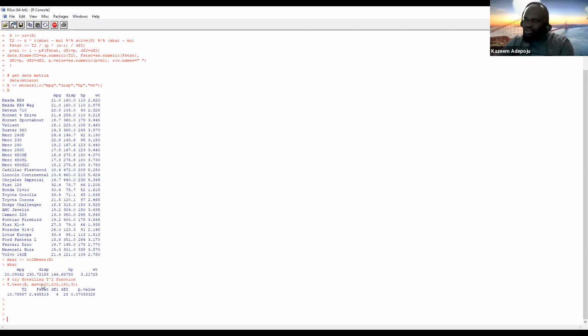There's no sufficient evidence to reject this hypothesis. What it's trying to say is that this hypothesis holds, because the p-value is greater than 0.05.